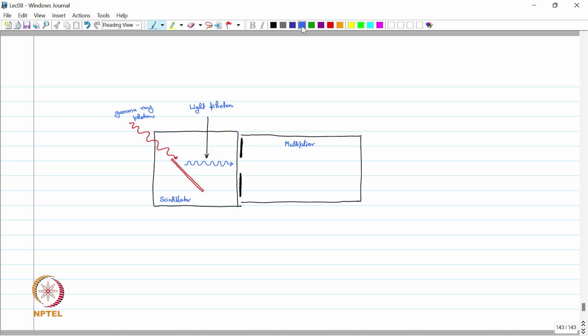This is the region where this photon can go in, and then this photon generates a photoelectron.